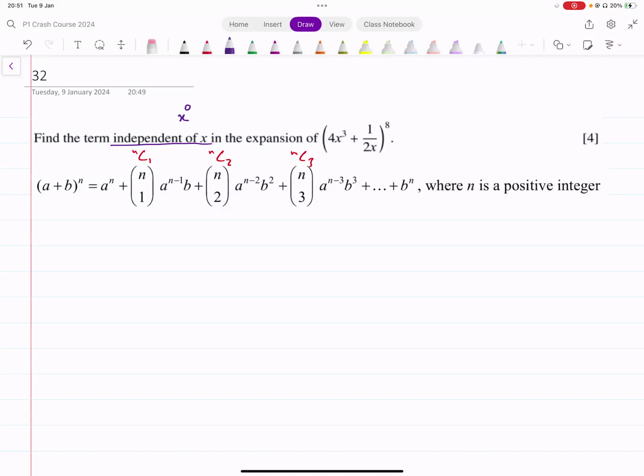So how do we do that? We're just going to use the same formula to expand this thing up to only the first two terms. So 4x cubed plus 1 over 2x whole raised to power 8. How do we expand this? The first term is 4x cubed. The second term is 1 over 2x.